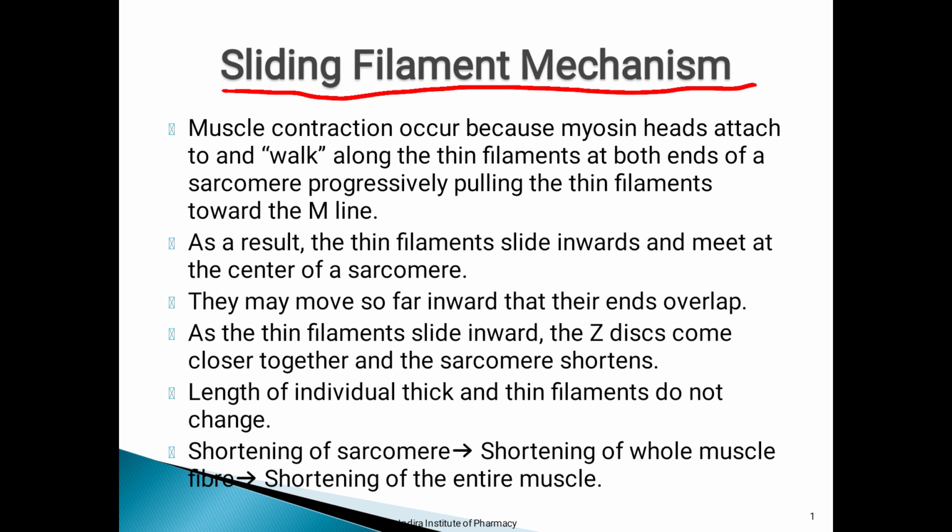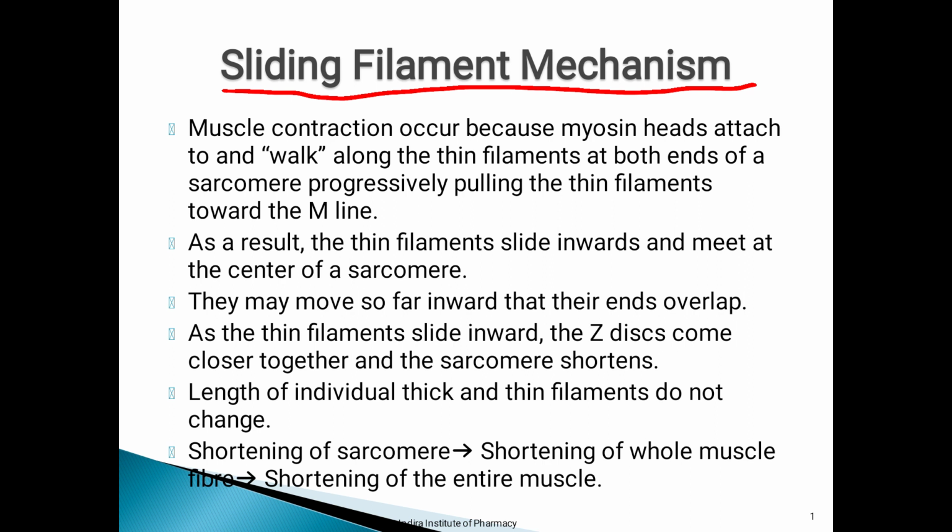Muscle contraction occurs because myosin heads attach to and walk along the thin filament at both the ends of the sarcomere, progressively pulling the thin filament towards the M line.